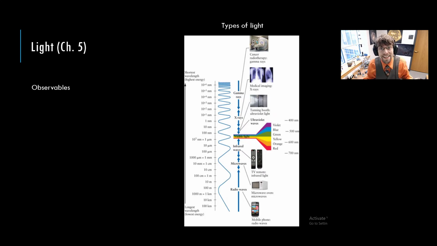Well, for example, one of the properties that you can tell me is what color it is. You look at a light, is it a red light, green light, blue light, et cetera. So one of the properties that we can assign to light is a color.